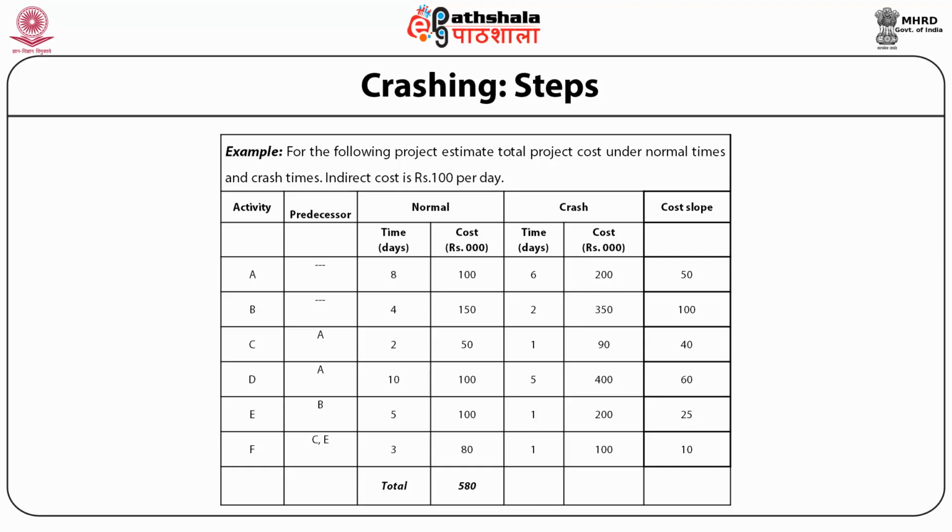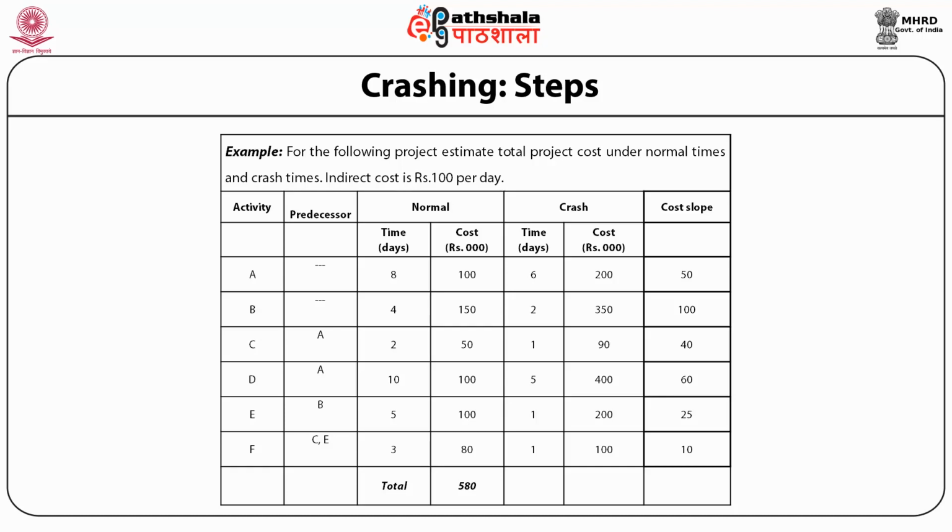Likewise, activity C, predecessor A, time 2 days, cost 50, crash time 1 day, cost 90, the cost slope becomes 40. Likewise for activity D, the predecessor is A, time 10, cost 100, crash time 5, cost 400, cost slope 60.